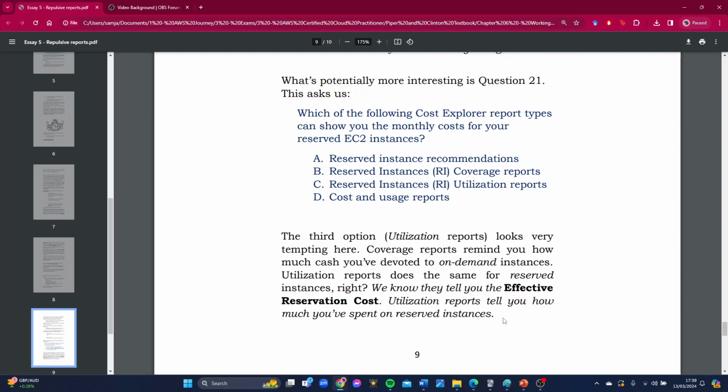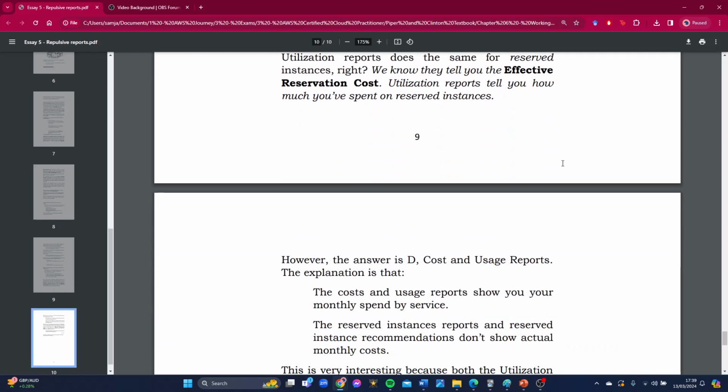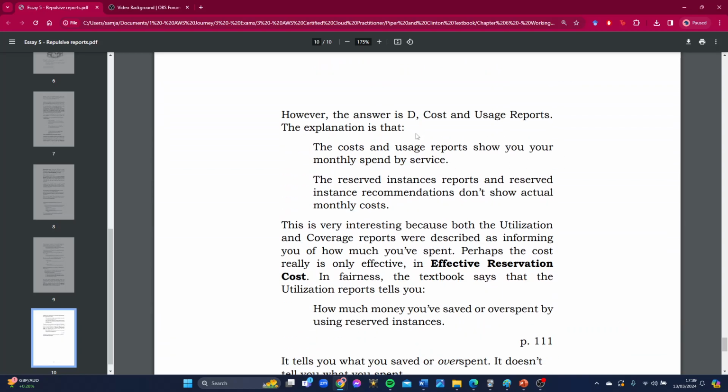Utilization reports tell you how much you've spent on reserved instances, but actually the answer is D, cost and usage reports. And the explanation is that the cost and usage reports show you your monthly spend by service. The reserved instances reports and reserved instance recommendations don't show actual monthly costs.